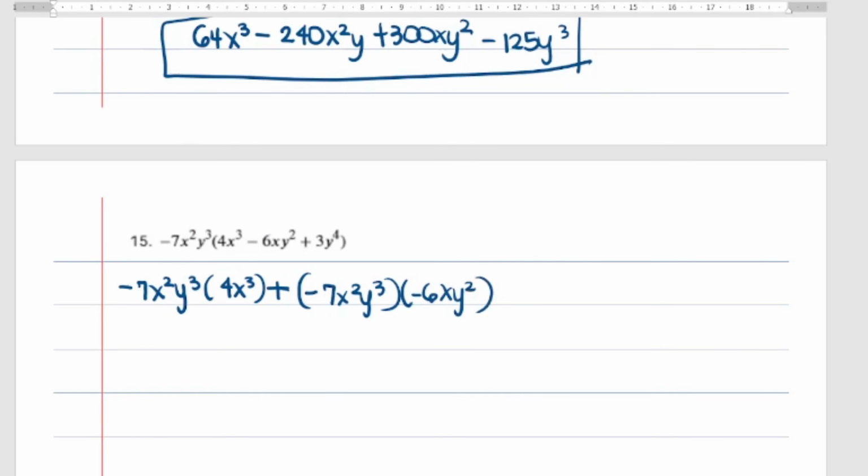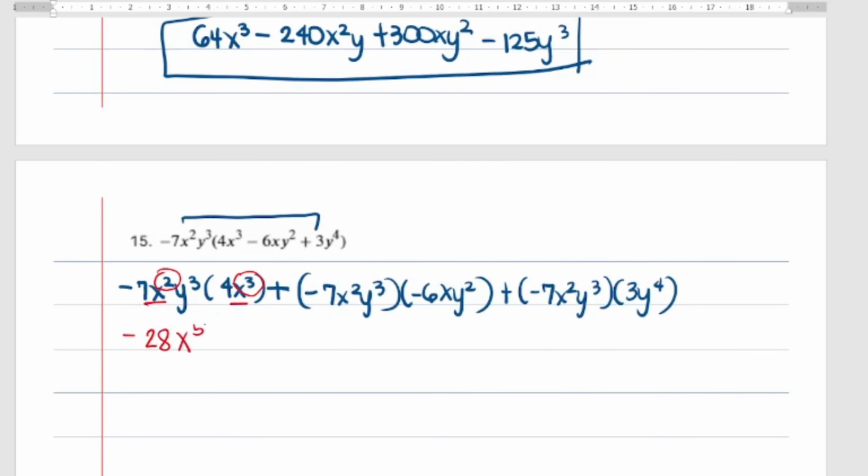Then, the last distribution, for the last term, plus negative 7x squared y cubed times 3y raised to 4. So, simplifying further, when we multiply, add the exponents of the common variable. Here, the common variable is x, so just add these exponents. Negative 7 times 4 is negative 28. Then x, add 2 plus 3, that's 5. Then copy y cubed. Here, negative 7 times negative 6 is positive 42.